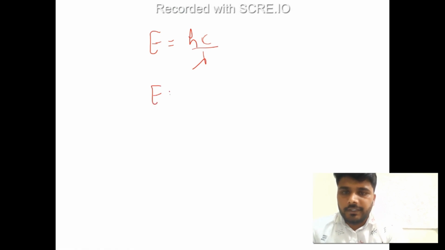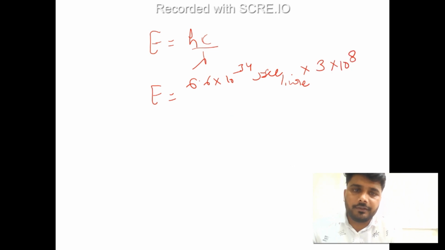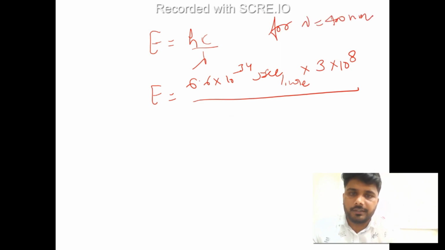So E will be, Planck constant 6.6 times 10 to the power minus 34 joule second per mole, and the velocity of light 3 times 10 raised to 8 meter per second. Let me calculate for lambda equal to 400 nanometer.